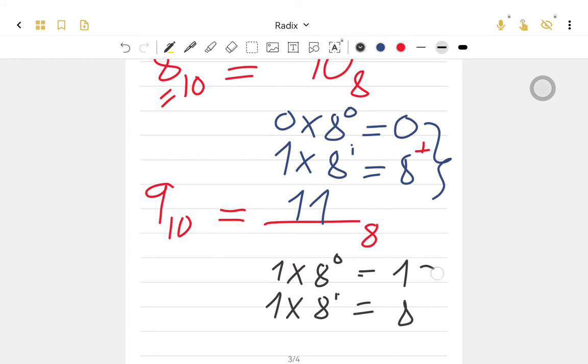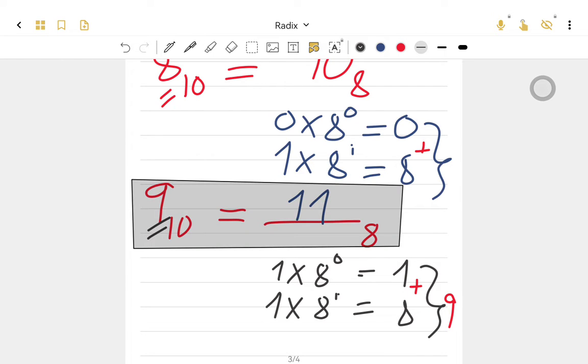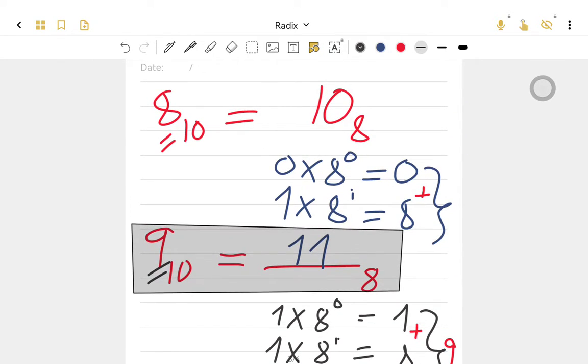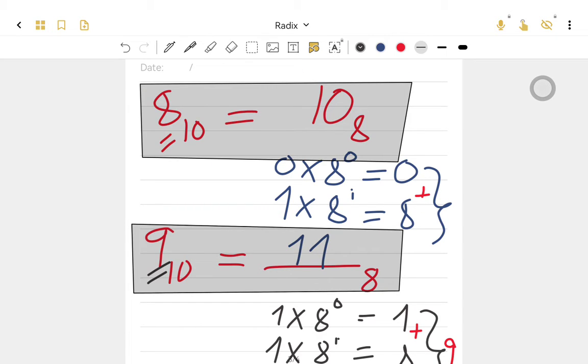So you are going to plus 1 plus 8, that will give you 9. So this is number 9. Therefore, 9 with the base 10 is equal to 11 with the base 8. And of course, we have 8 with the base 10 is equal to 10 with the base of 8.